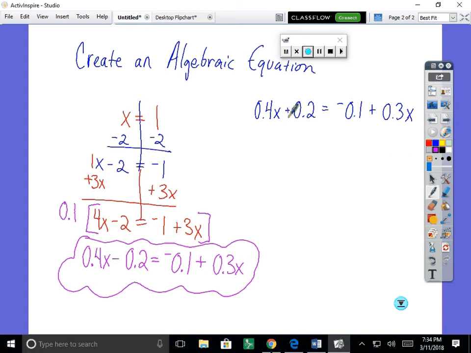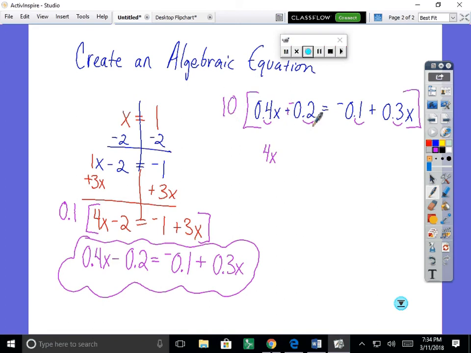Maybe change a minus to a plus, change the sign of next. Maybe someone out there would say, I don't like those decimals. They're freaking me right out. Maybe they'd say, let's get rid of them. How many decimal jumps would I have to make on all of these numbers? Can't we really multiply every single thing in here times 10 and turn them into some nice whole numbers, or at least some integers? Well, 10 times 4/10 x would get me 4 x's.